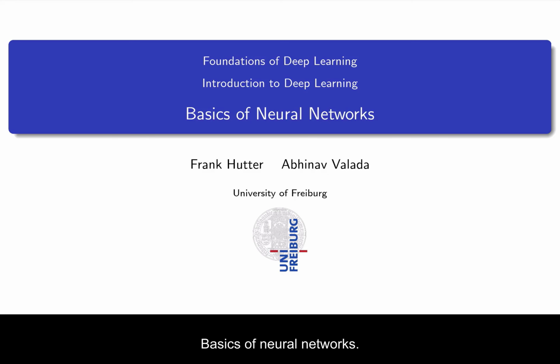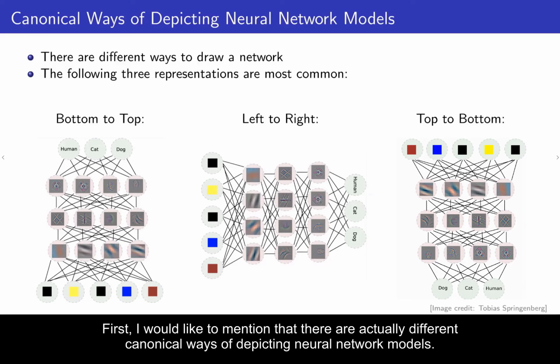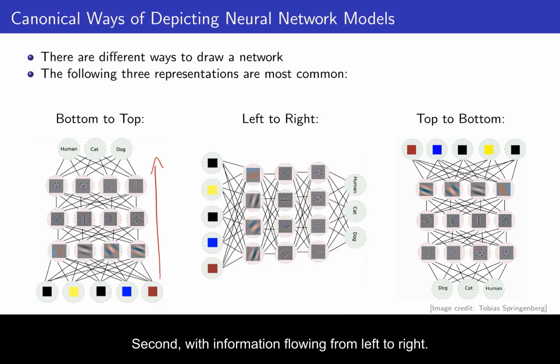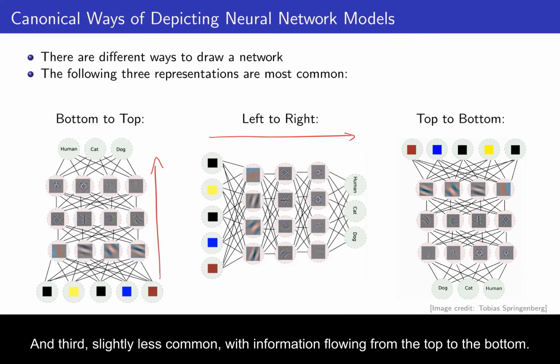Basics of neural networks. First, I would like to mention that there are actually different canonical ways of depicting neural network models. First, with information flowing from inputs at the bottom to outputs at the top. Second, with information flowing from left to right. And third, slightly less common, with information flowing from the top to the bottom.